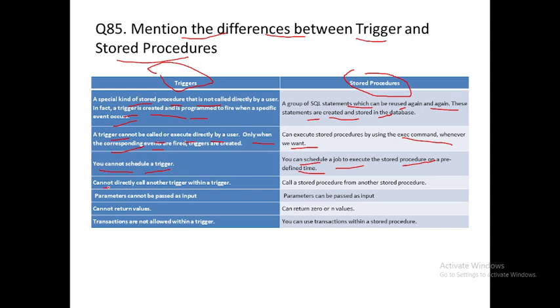Another difference: you cannot directly call another trigger within a trigger, but in a stored procedure you can call a stored procedure from another stored procedure. In a trigger, parameters cannot be passed as input, but in a stored procedure parameters can be passed as input and output. A trigger cannot return a value, while a stored procedure can return 0 or n values. Transactions are not allowed within a trigger. You can use transactions within a stored procedure.